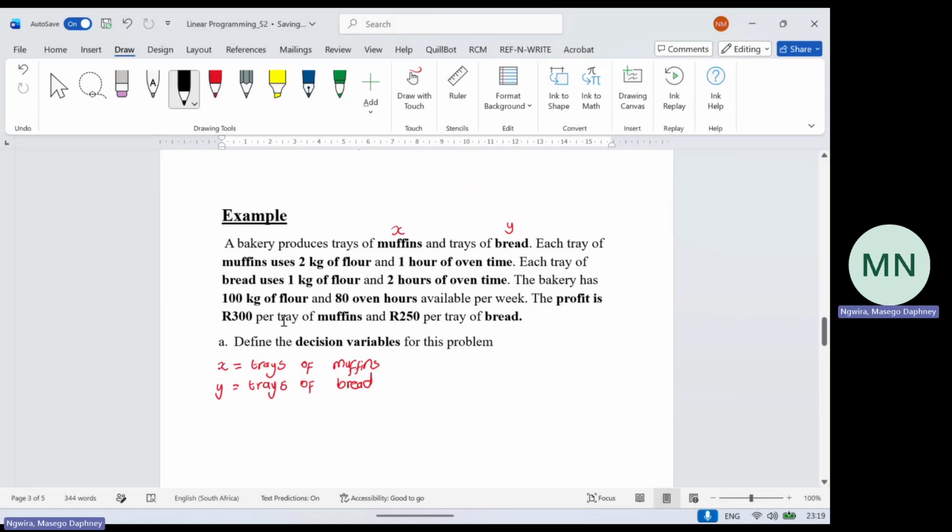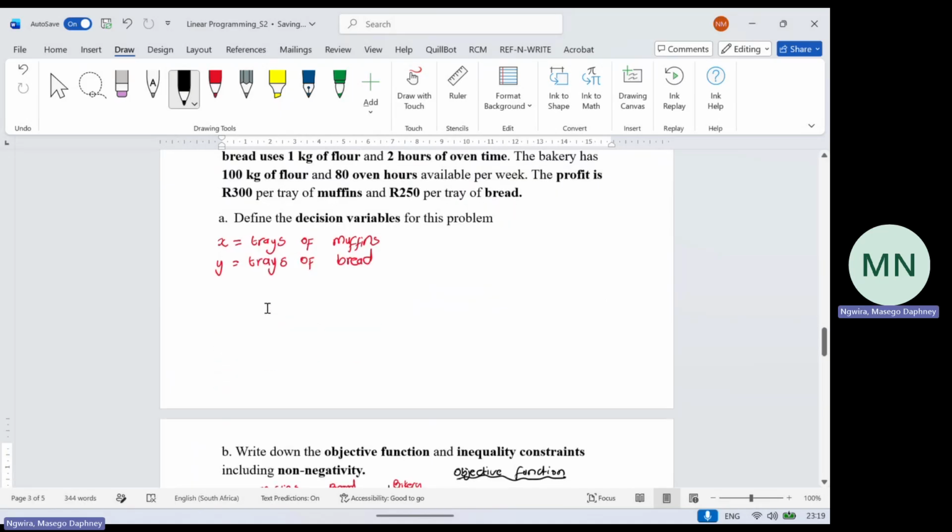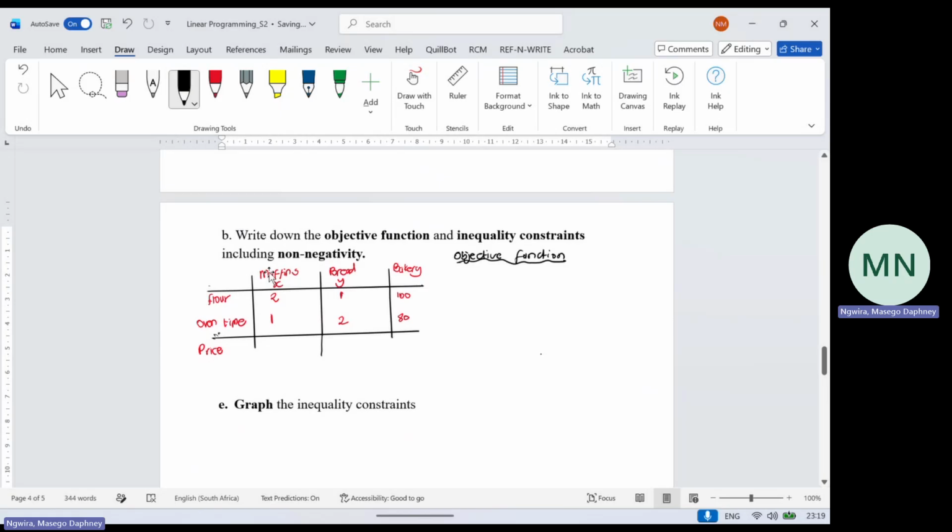The price is 300 rand per muffin and 250 rand per bread. Now we can go to the objective function because this is basically our objective function. So the objective function is profit, P, is equal to 300x plus 250y.